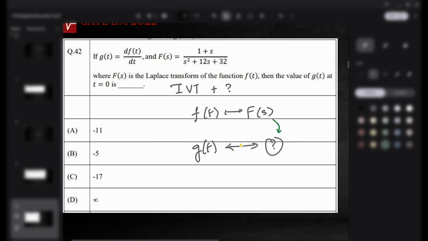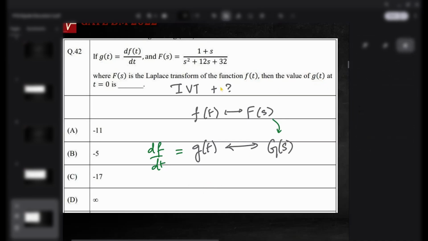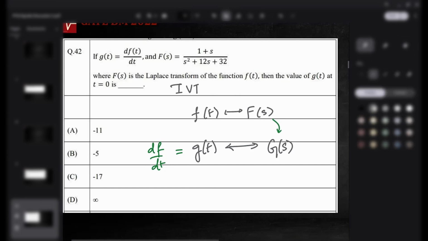Is there a way to go from here to here, given that this happens to be d by dt? Derivative after IVT? No. In IVT, you substitute, you take the limit, it's a constant. You cannot take a derivative. But the problem is you do not know G of s. You want g of 0, so you have to apply IVT to G of s. You do not know G of s. Is there a way to know G of s?